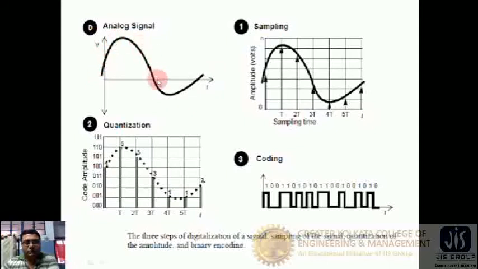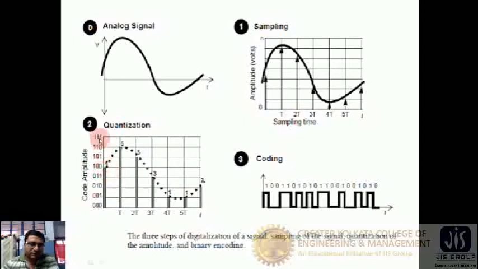After that, first we have to sample this signal. We sample this signal at certain intervals of time, and the time interval is called the sampling time, and its frequency is called the sampling frequency. After this sampling, it is quantized.